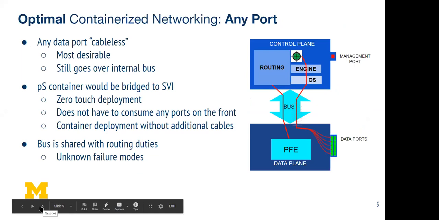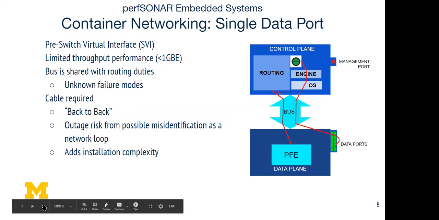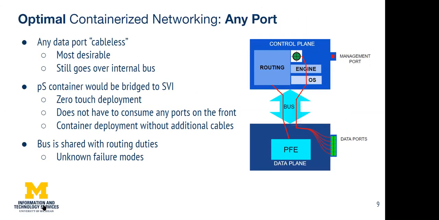So in both of these that Nate presented, you have to go through the bus, or essentially you have perfSONAR running on the control plane, and you're limited in some way by how you're getting to the data plane. One thought that I had that I'm not sure you can do with Arista or Cisco, although we have mentioned it to them, but perhaps you could do with a more open plane. There's really no reason to actually send all the data across the bus.